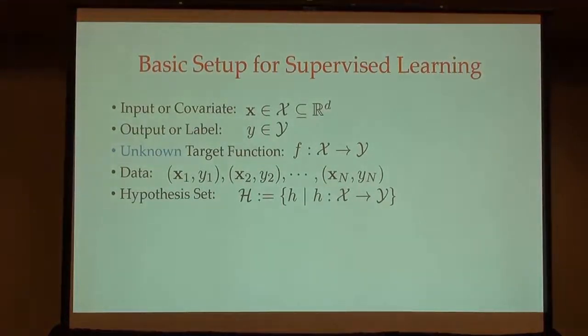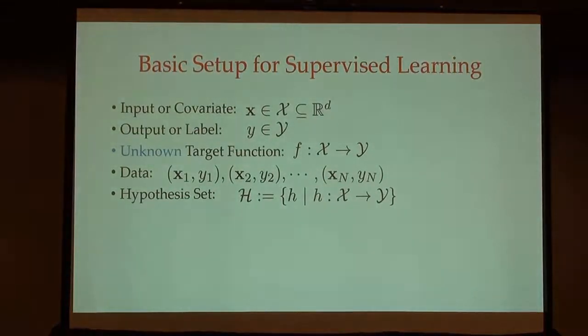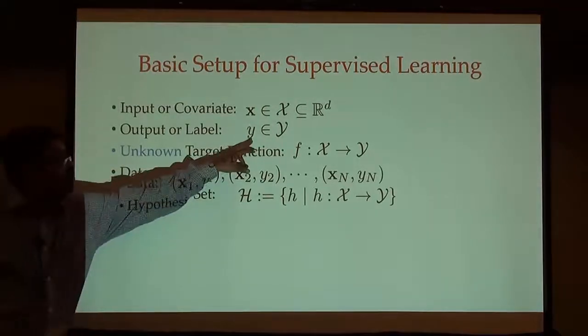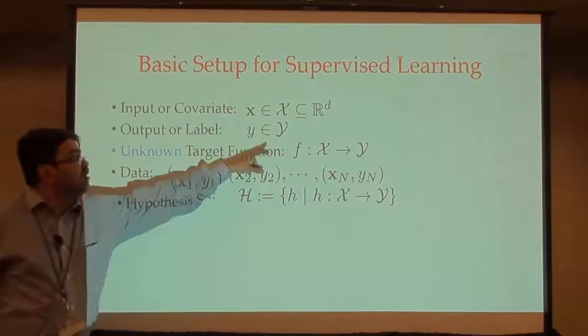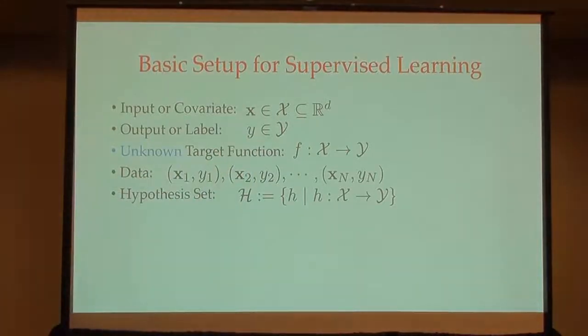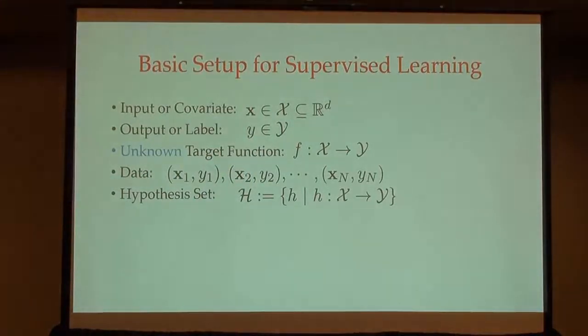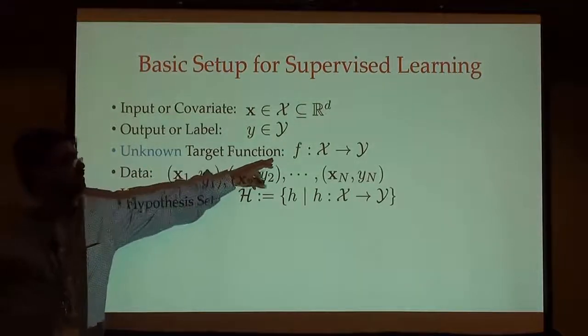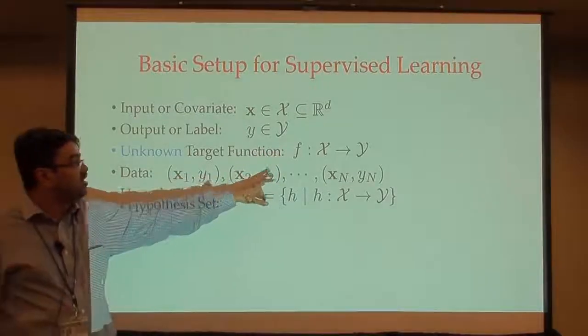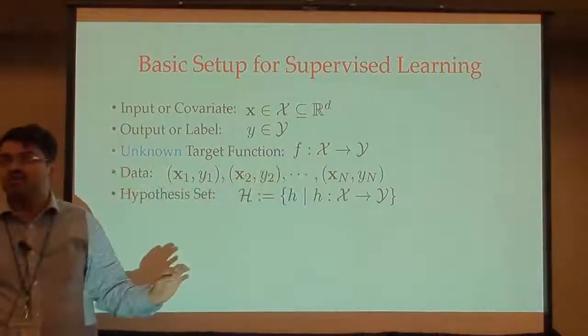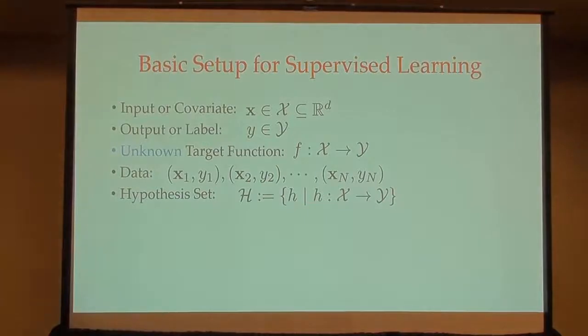The second is the output label y, which belongs to some set capital Y, and I will talk about what the different capital Y's can be in the next slide. The third is that there is an unknown target function f. This is a hypothesis that your data is generated by some unknown target function f.